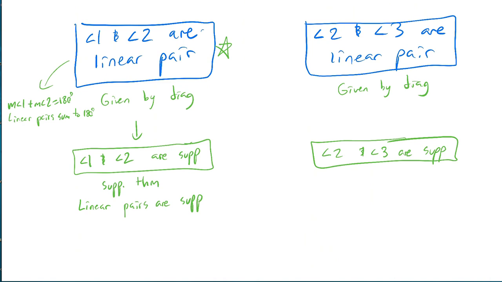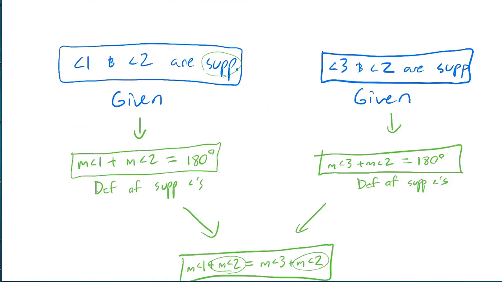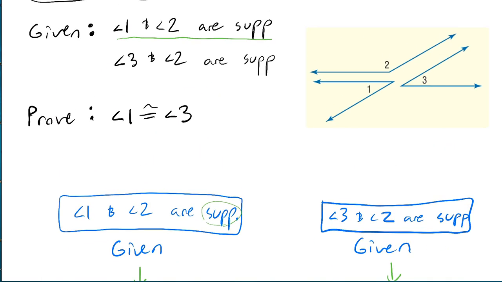I'm going to choose supplementary because that lends itself well to the proof we just did above. Okay, so those are supplementary. I'm going to say linear pairs are supplementary. Okay, well, if 1's supplementary to 2 and 3's supplementary to 2, we just did that here.